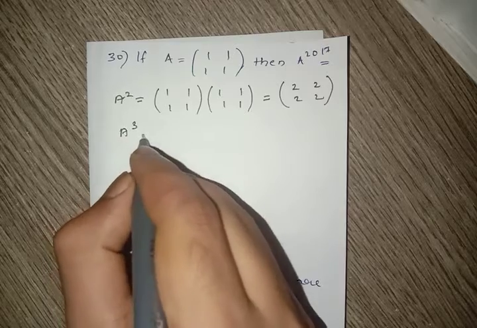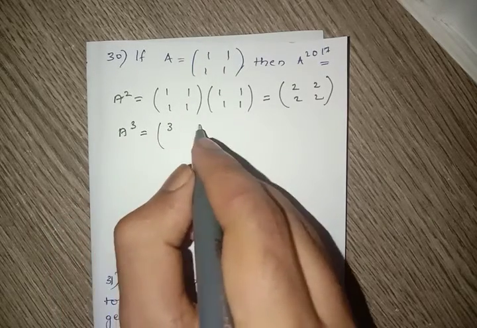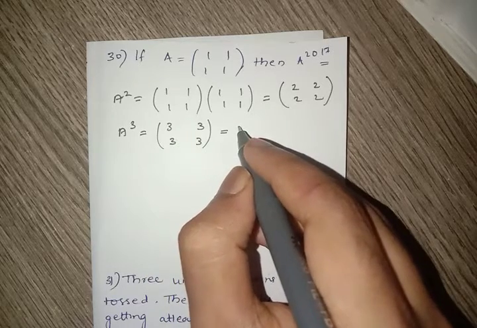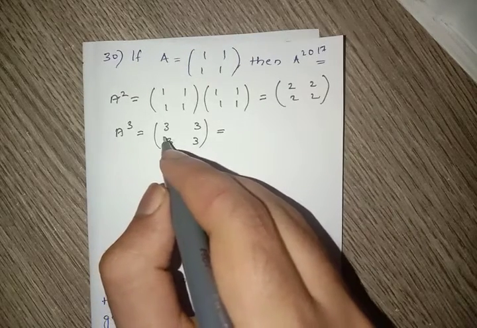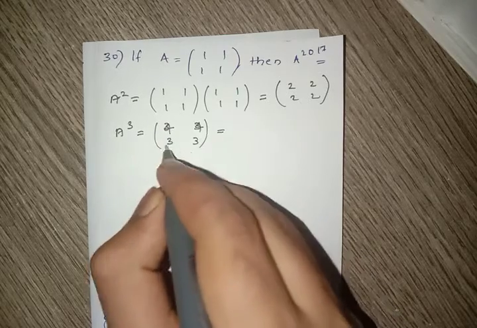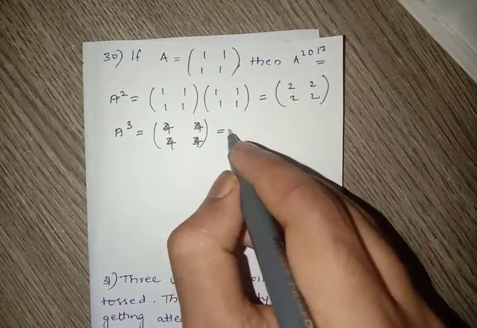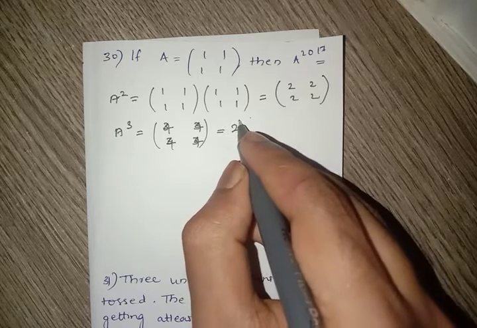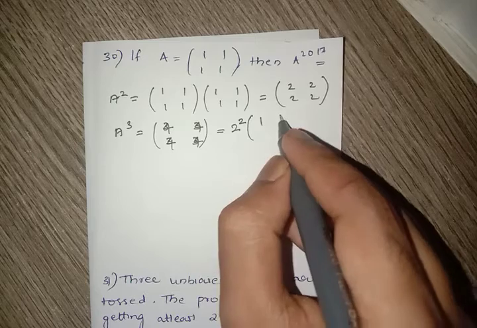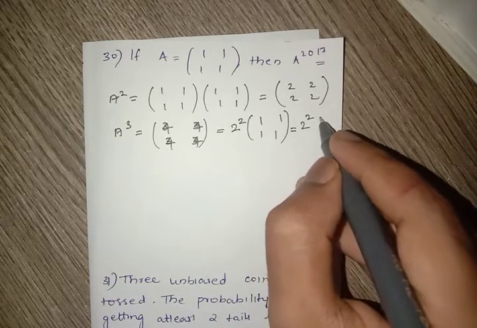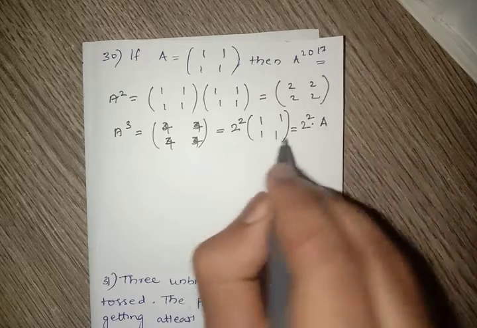Similarly, A cube will be equal to [4 4; 4 4], which is equal to 2 squared into [1 1; 1 1], which is 2 squared into A.